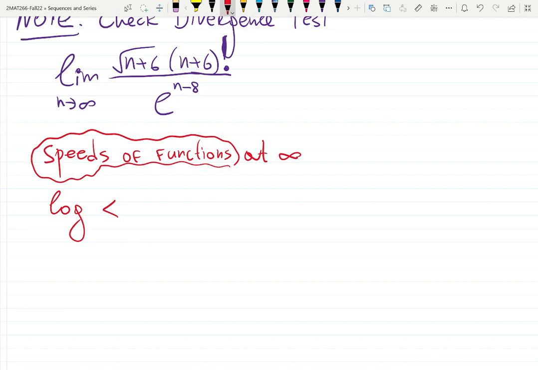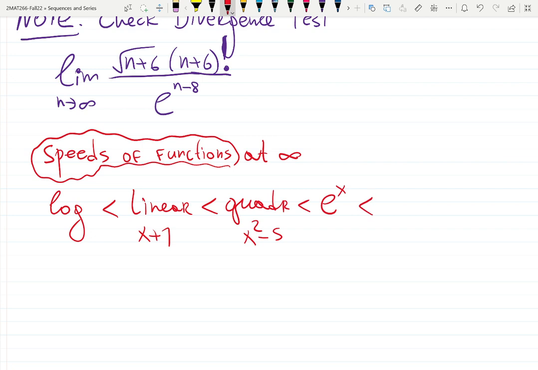That's important, at infinity. Then we have linear, like x plus 1. It's faster than log. Then we have quadratic, like x squared minus 5. Then we have exponential, a to the x, 17 to the x. And then we have n factorial.